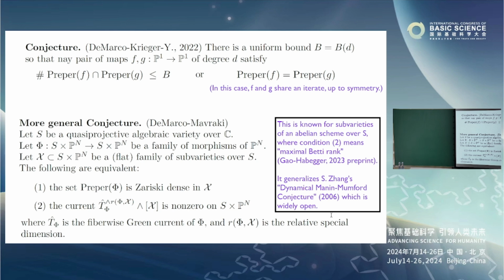This conjecture is a generalization of Zhang's dynamic Manin-Mumford conjecture. It contains lots of the unlikely intersection phenomena. In the case of abelian schemes it has been proved by Gao and Habegger.